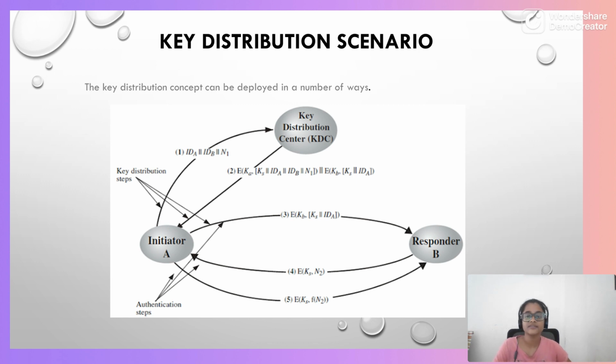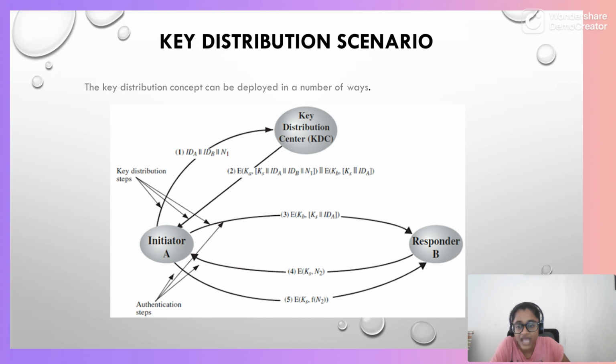As you can see in the figure shown on the screen, we have the key distribution center on the top, that is the KDC, and then we have two parties, A and B, where A we chose as an initiator, and B the responder. As you can see, all these arrows are various ways in which the key distribution can be processed, or these are the various steps.